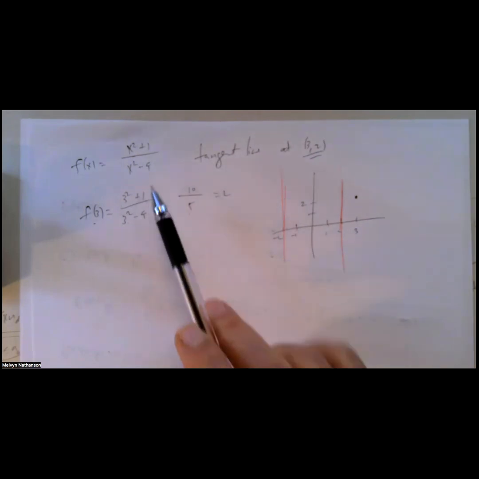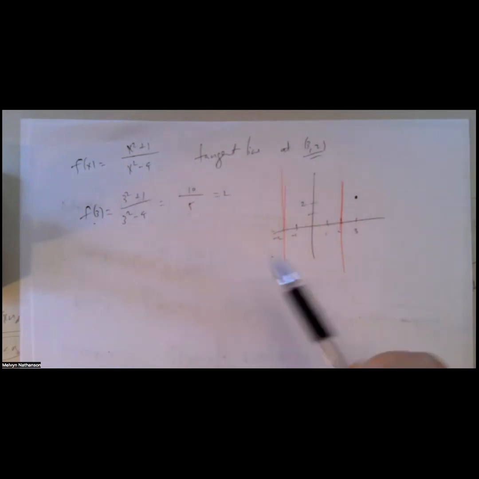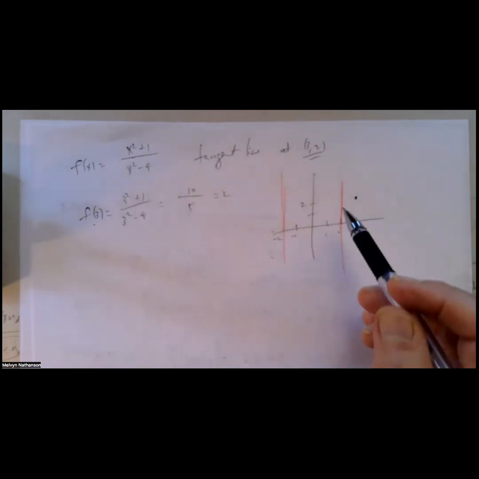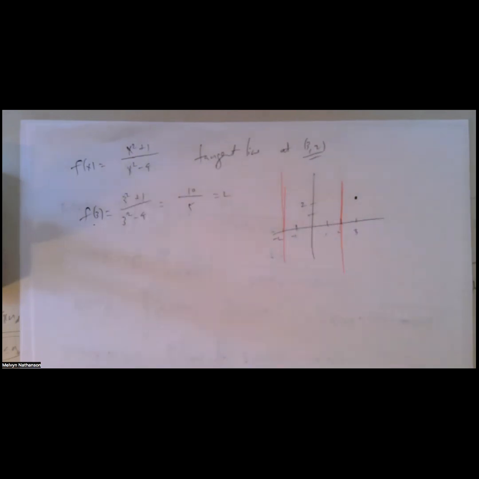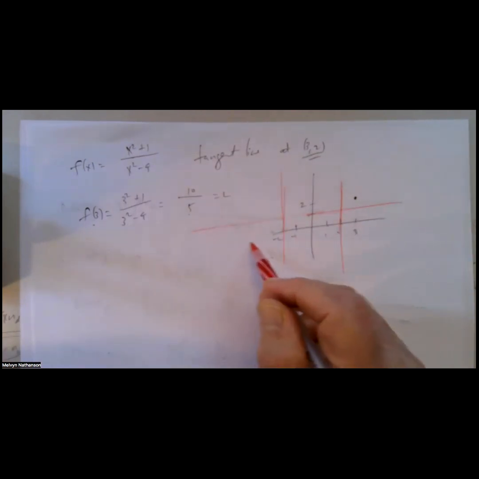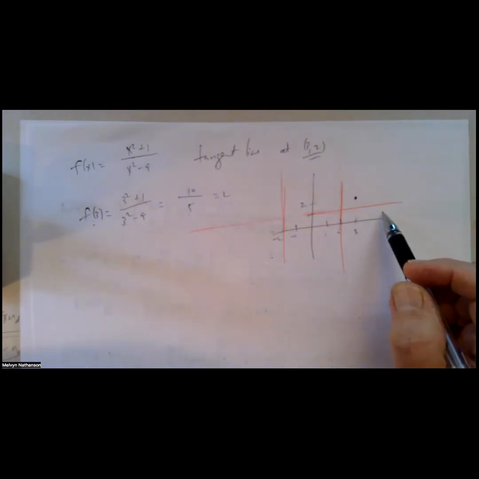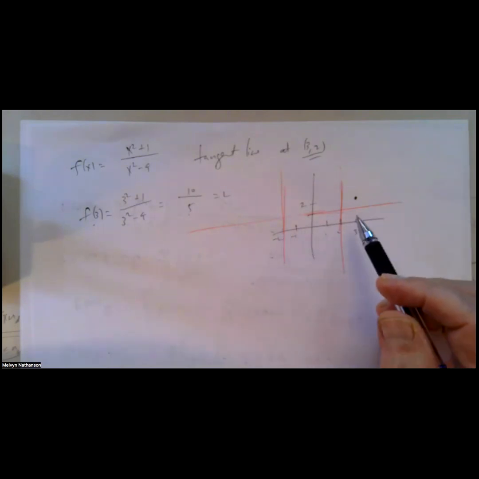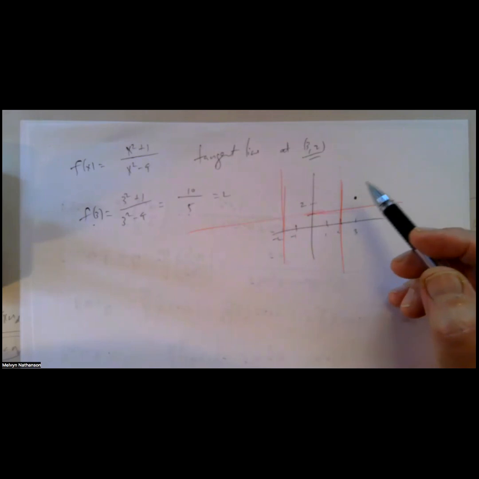And when x is bigger than 2, the denominator is positive, so this function is positive, it's above the x-axis. As x goes to infinity or to minus infinity, this function is approaching 1. So this has a horizontal asymptote at 1, has vertical asymptotes at 2 and minus 2. And this function is always positive.